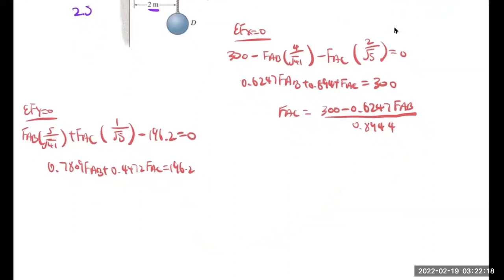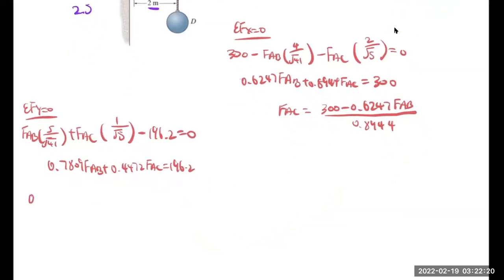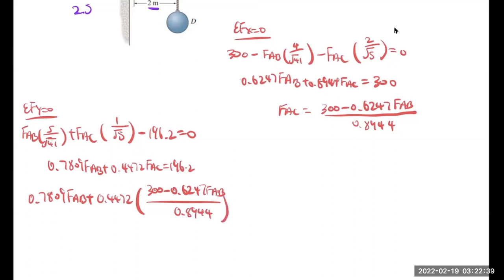So what I get is 0.7809 FAB plus 0.4472 FAC, where FAC is 300 minus 0.6247 FAB over 0.8944, equal to 196.2.